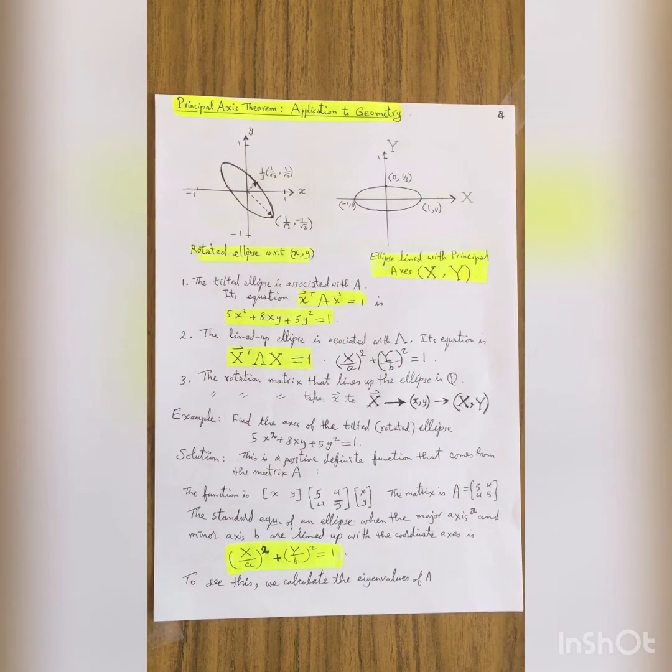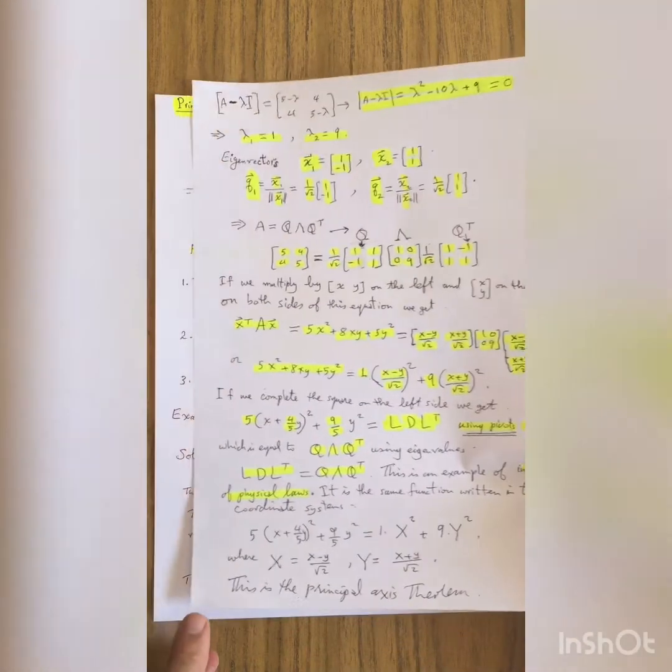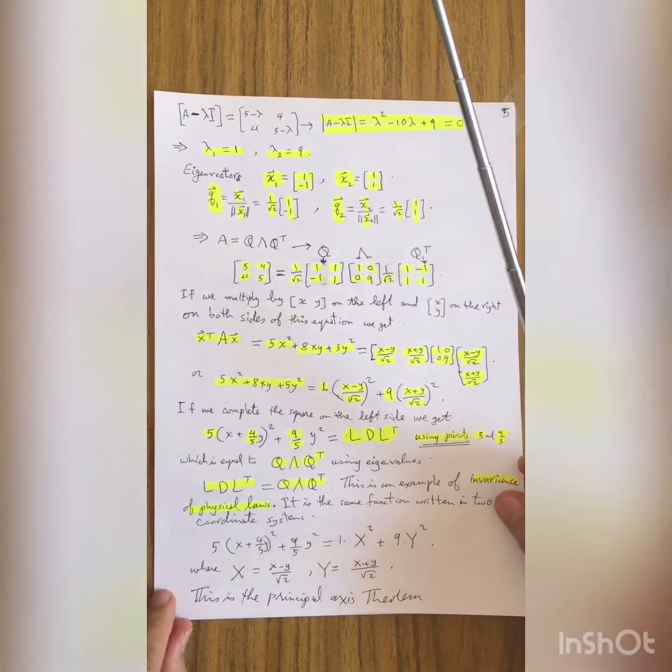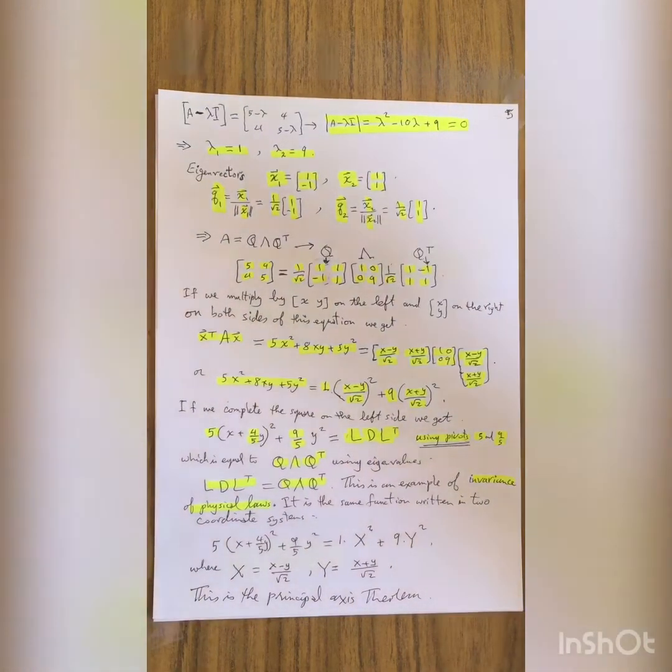So to see that this is true, we calculate the eigenvalues of the matrix A from A minus lambda I times X equals 0. The eigenvalues come from the determinant of A minus lambda I equals 0, which gives lambda squared minus 10 lambda plus 9 equals 0.